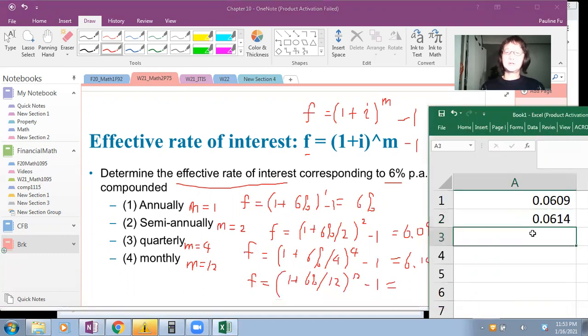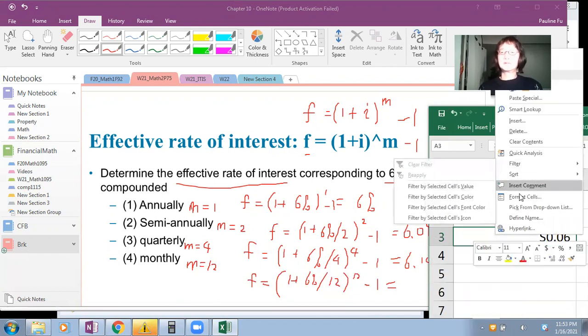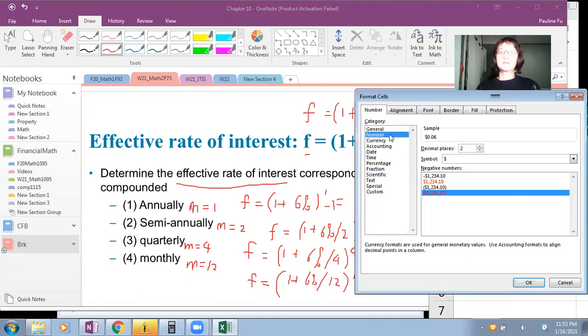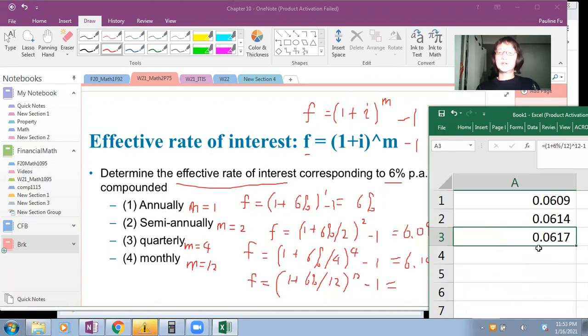So this equals 1 plus 6% divided by 12 raised to power 12 minus 1. I'm going to format this cell. Number 4 decimal place. So 6.17%.